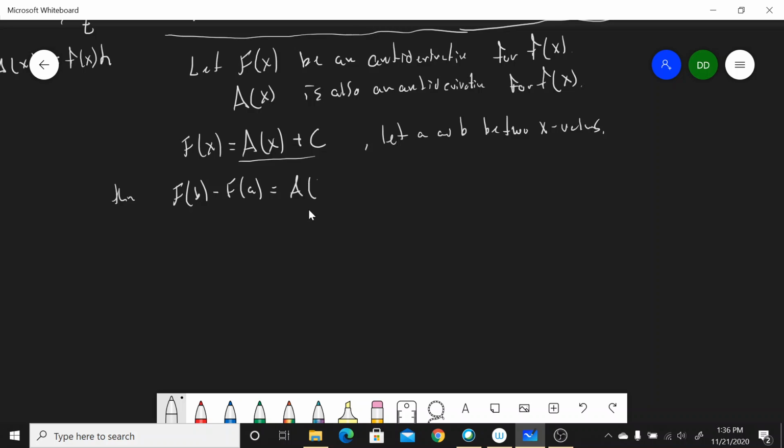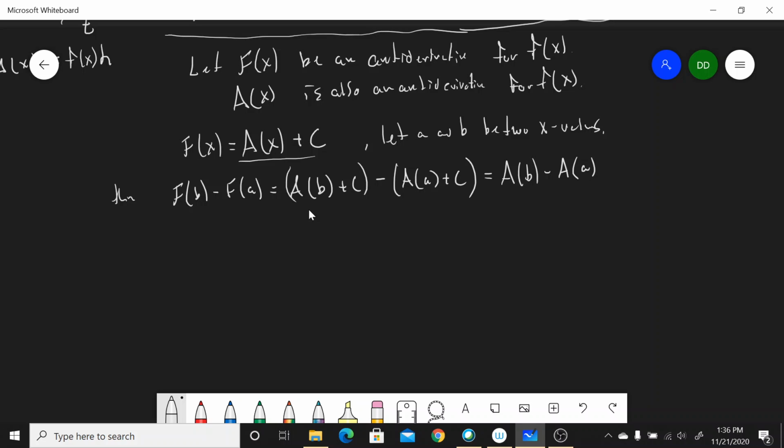That's going to be A of b plus c minus A of a plus c. So what's neat here is that the c's cancel out, and I just end up with A of b minus A of a.